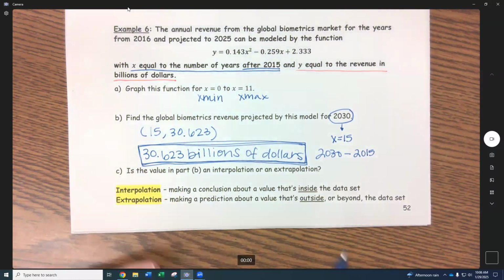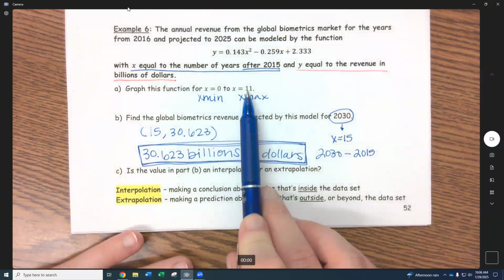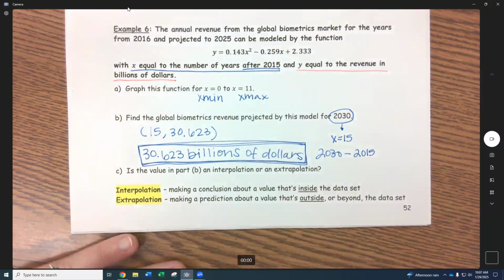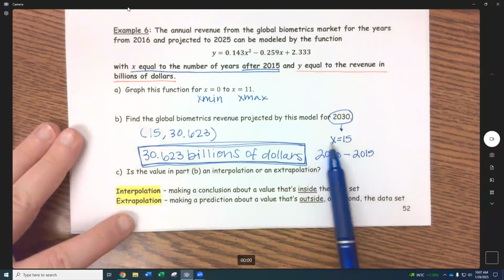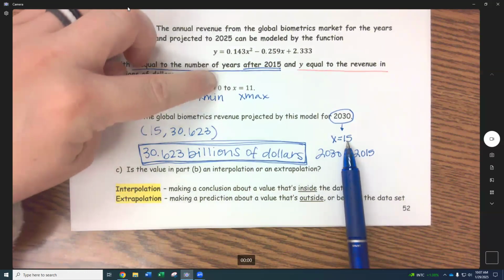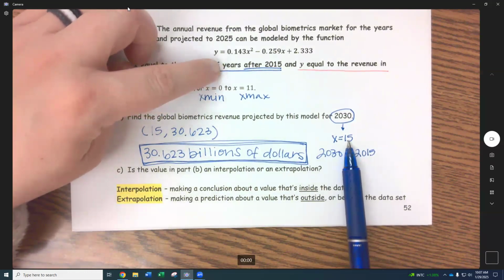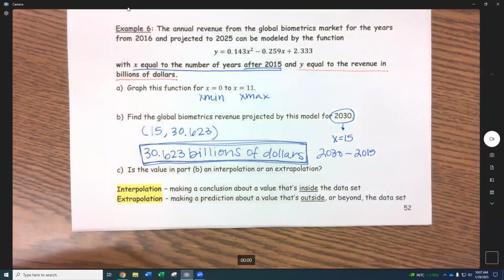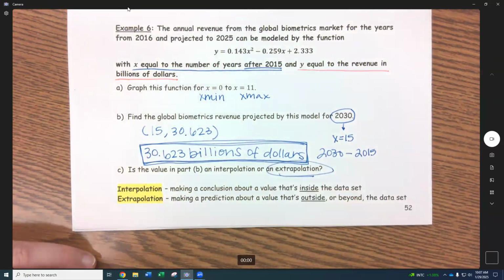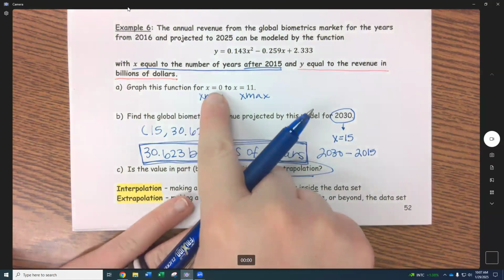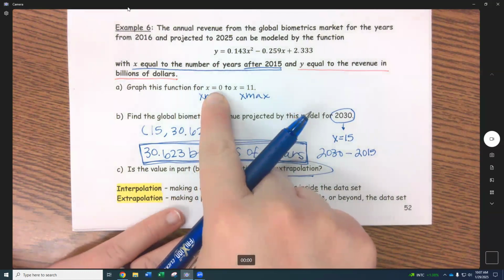I said we would talk about what x equals 0 and x equals 11 mean, but honestly, I don't even need to do that. If I know that the value I plugged in was x equals 15, is that inside this data set or outside? That's outside, so this one is an extrapolation. My original thought was, if x equals 0, what year is that?